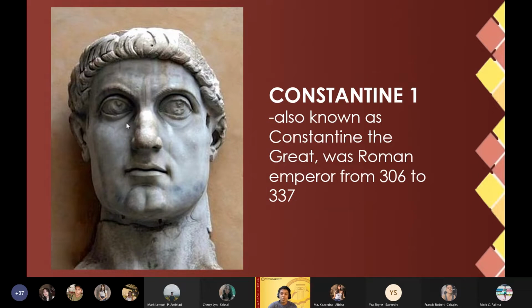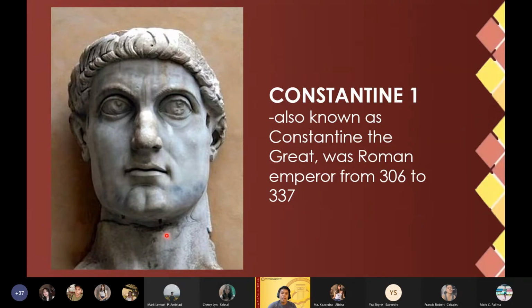During the time before Constantine, they started the Christianity movement, but secretly. When Constantine became emperor, he was a Christian emperor, baptized.